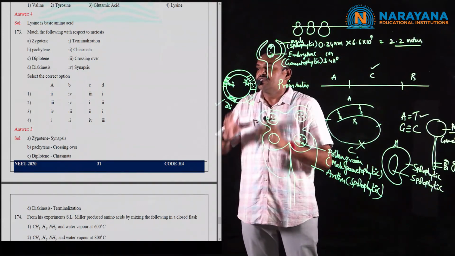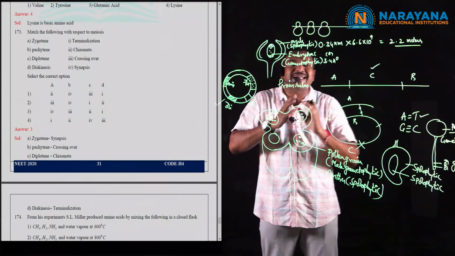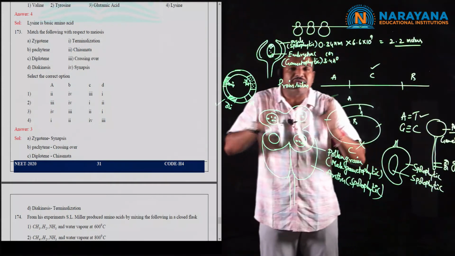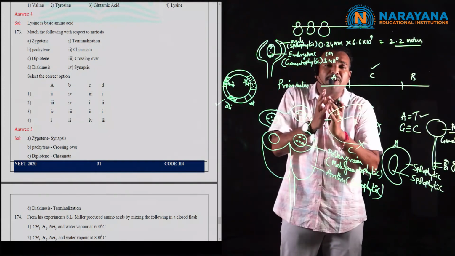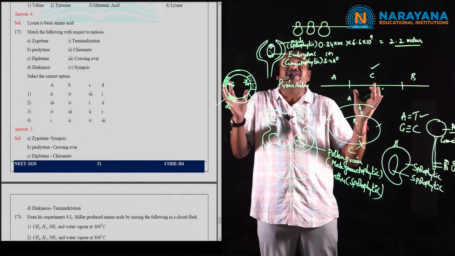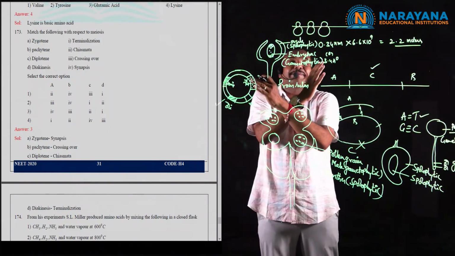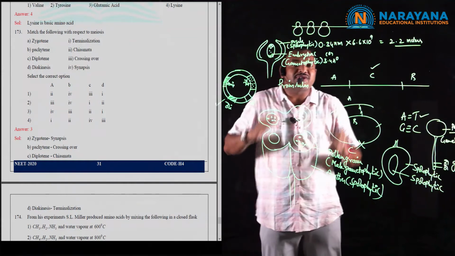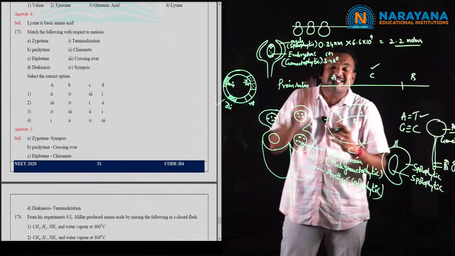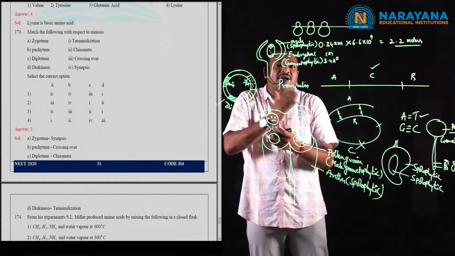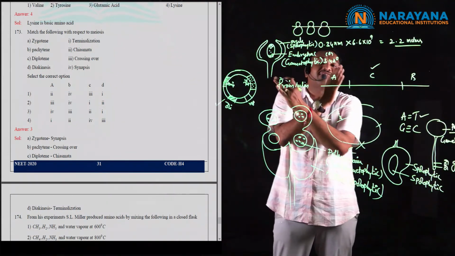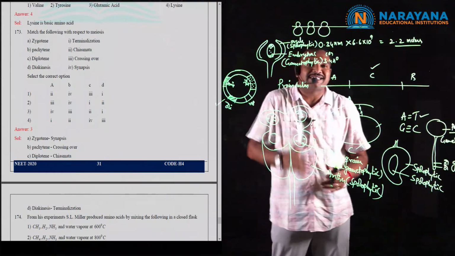And diplotene, during diplotene, chiasmata are clearly visible because due to strong repulsive forces, the homologous chromosomes are trying to move away from each other, but they are bound at the place of physical contact of the two non-sister chromatids. The place of contact of non-sister chromatids, which appears in the form of X-shaped structures, is called chiasmata.